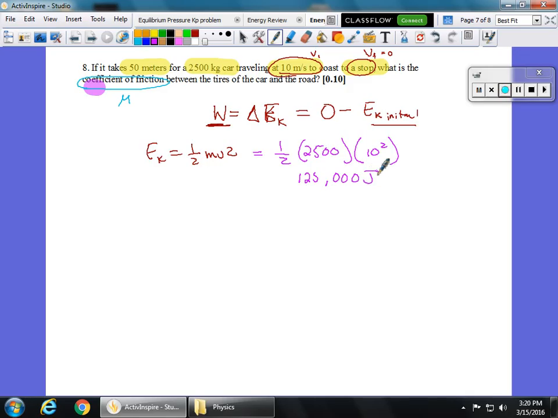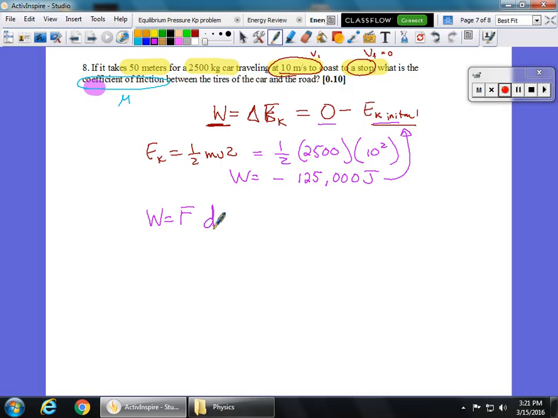Now it's important to notice, remember, this is the initial kinetic energy, the final 0. So if we want to find the work, it is going to be negative 125,000 joules, or 0 minus 125,000 joules gives us our work. So now that we found the work, it is equal to force times distance.